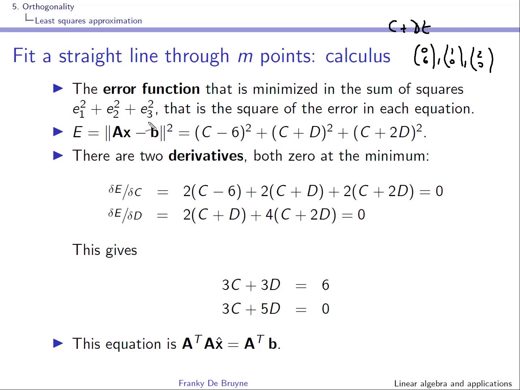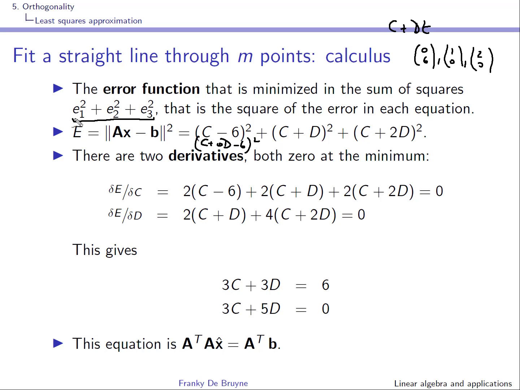So if we want to minimize the sum of squares, we take this one here with t equal to 0: c plus 0 times d minus 6, squared.